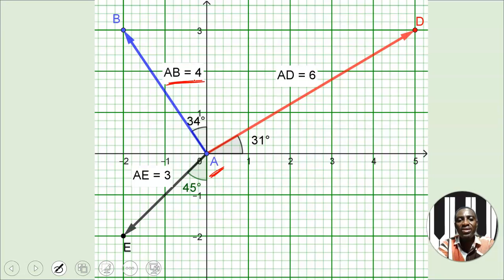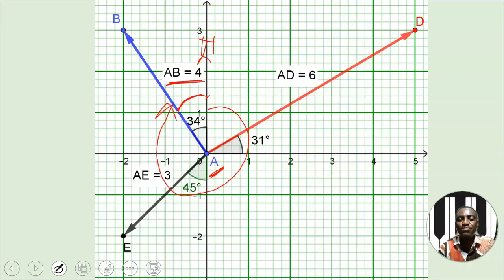And the direction, we take the direction from the North Pole, always from the North Pole. You're going to move from the North Pole clockwise up to the angle here, and that will give us the bearing. Up to the angle here, we don't know the value, but we know that from the north here to this is 34. So when I subtract 34 from 360, then I'll get the bearing.